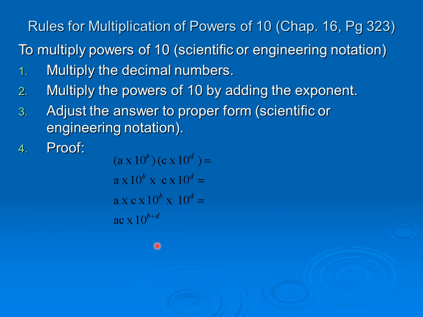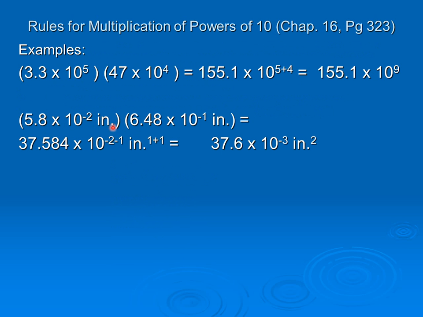So if you multiply with exponents, you don't have to care about the power, because the powers can be different. All you need to do is multiply the decimal numbers and also multiply the powers just by adding their exponents. Let me show you how you do that. For example, let's say you are multiplying these two numbers.